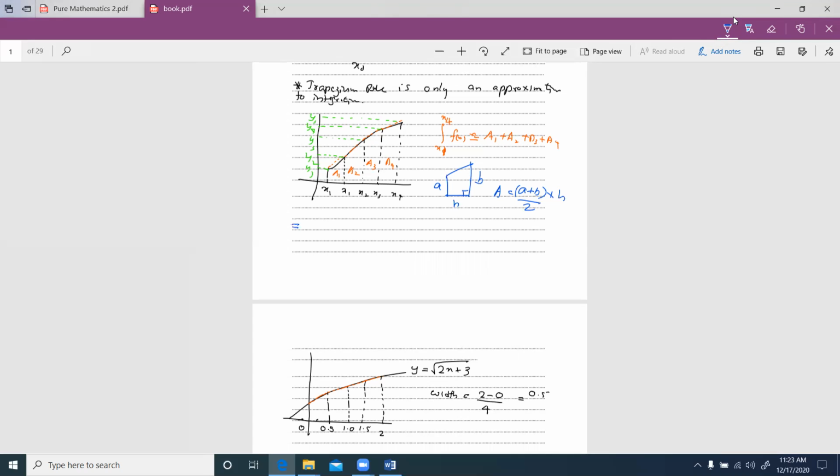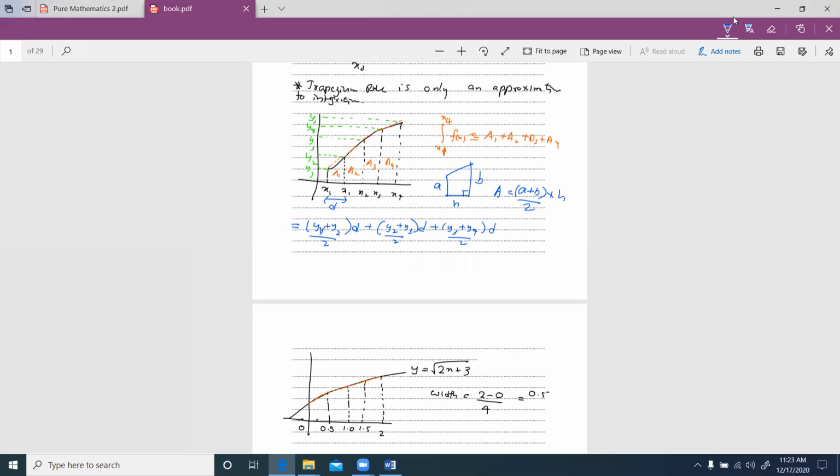So if I need to find the area over here, this equals area 1: (y1 plus y2) divided by 2 into d, where d is the width. Plus the next one is (y2 plus y3) divided by 2 into d. Then the next one is (y3 plus y4) divided by 2 into d.